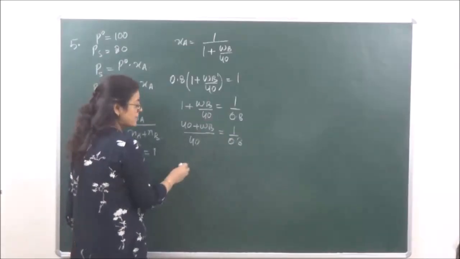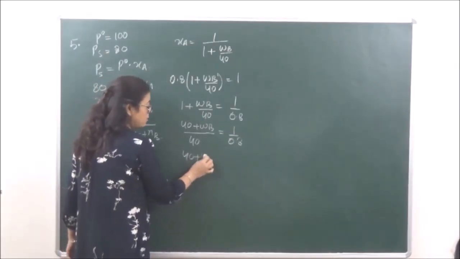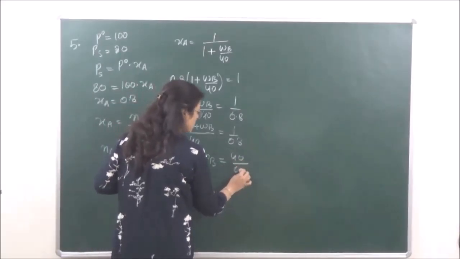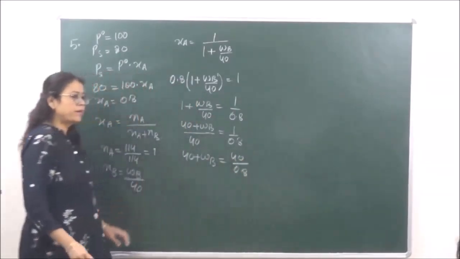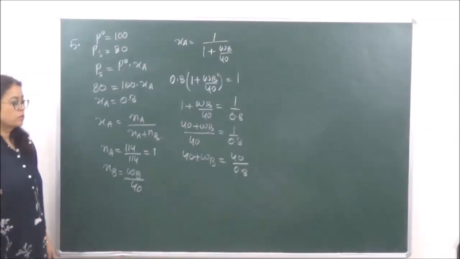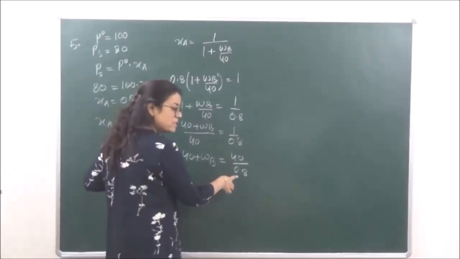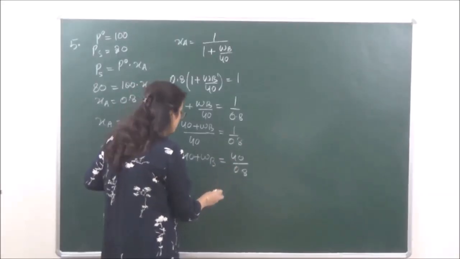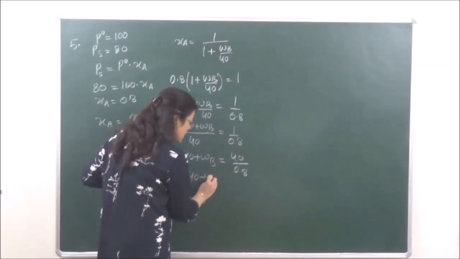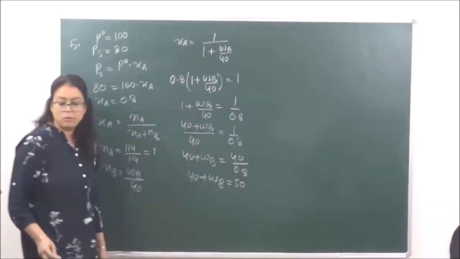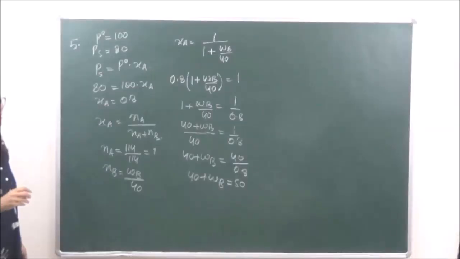Let's take 40 that side. So 40 plus WB is equal to 40 upon 0.8, which will become equal to 50. 40 divided by 0.8 will be 50, right? So 40 plus WB is 50, so WB will become equal to 10.